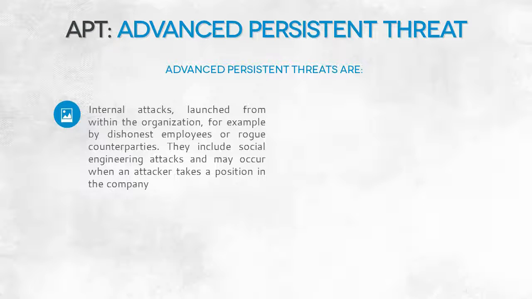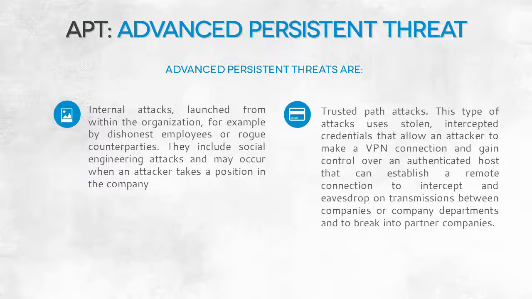By and large, advanced persistent threats include internal attacks. For the most part, internal attacks render any technological protection measures useless. The last category of threats classed as APTs are the attacks that target trusted communications channels.